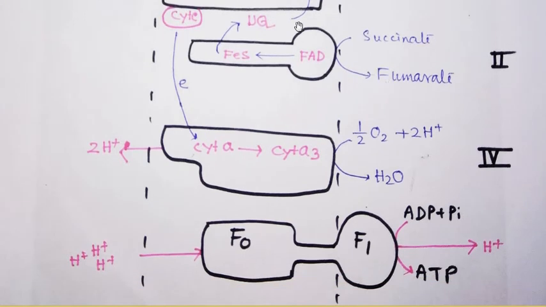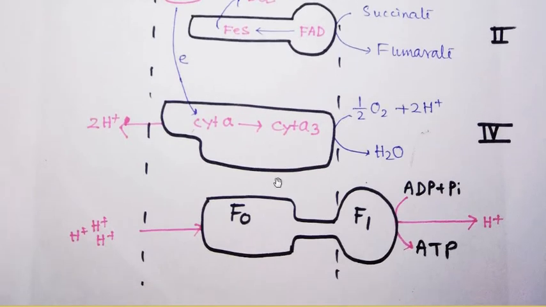In this way, the electrons are carried by the different kinds of electron carriers, and ultimately it comes to the oxygen and reduces oxygen into H2O.